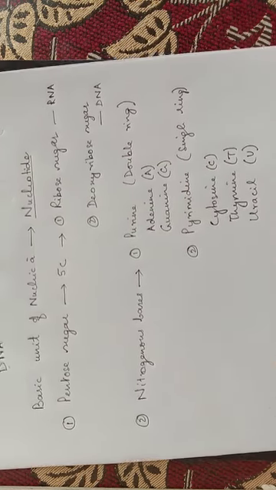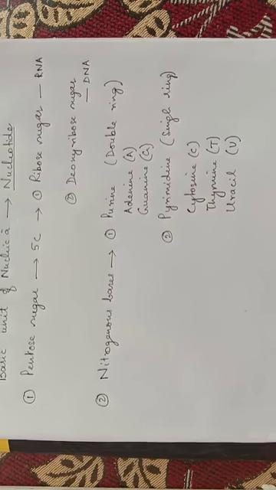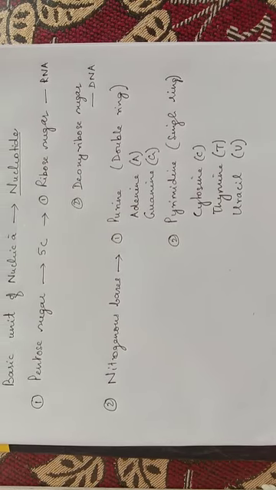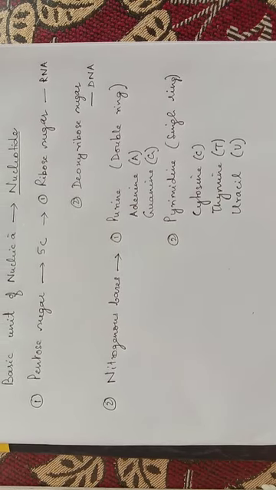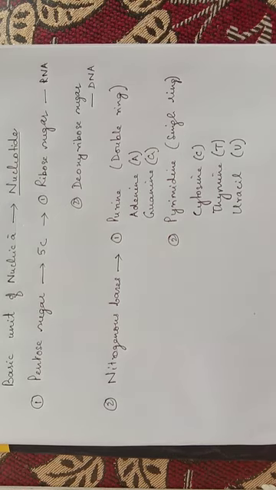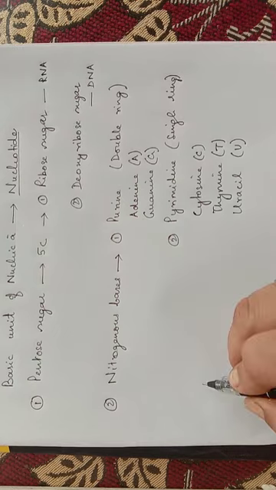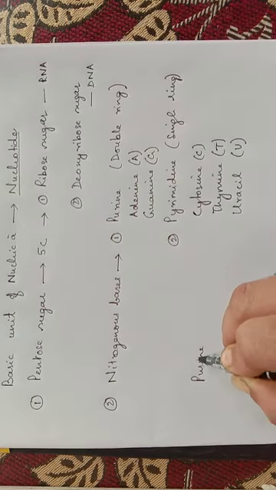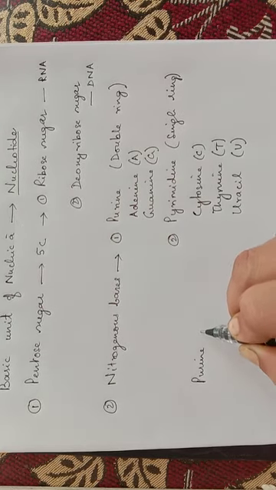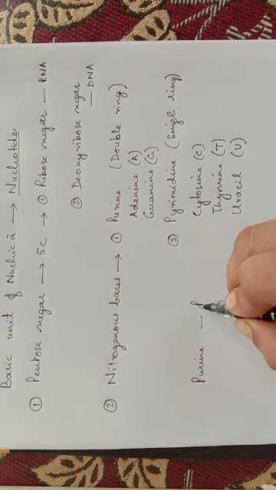Again, one thing: when the polymer, that is the nucleic acid, is formed, sometimes the nitrogenous bases form bonds between them. Always a purine forms a bond with a pyrimidine.